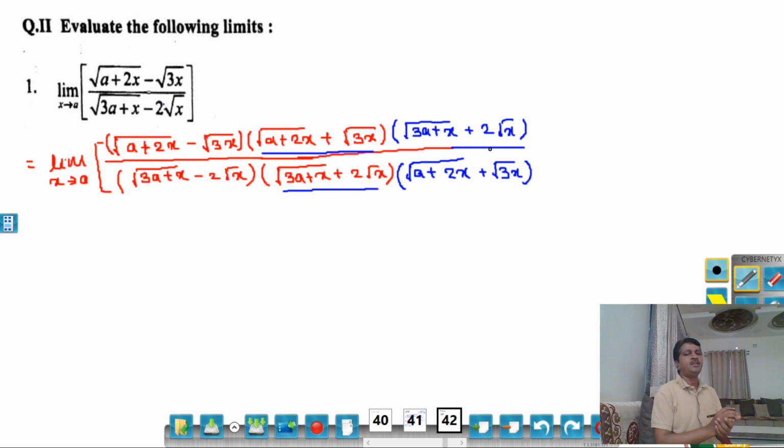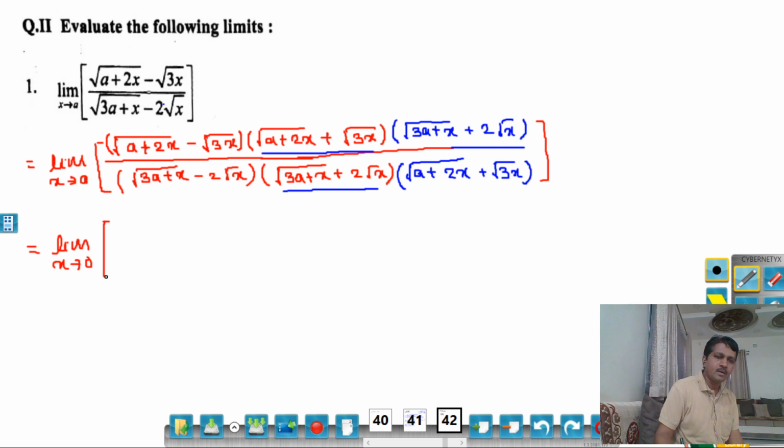So I multiplied the numerator and denominator by the respective conjugates. Okay. Now multiply. This is equals to limit x tends to 0. The product of the first two brackets, using (a minus b) into (a plus b), is square of first minus square of second.